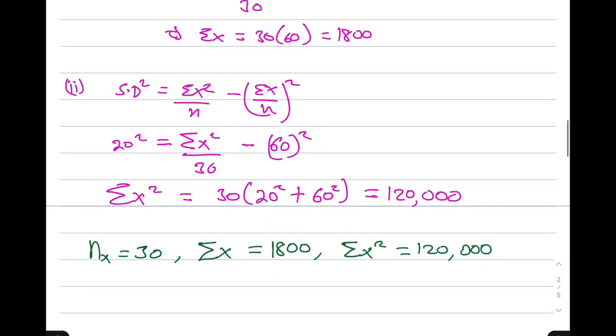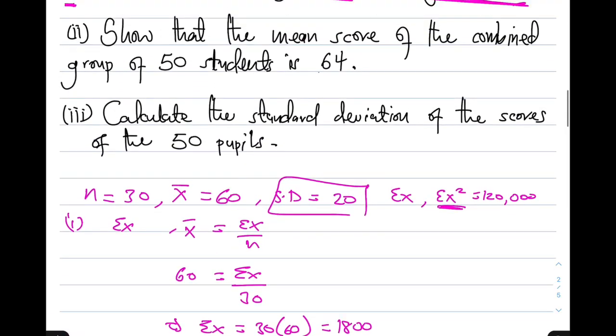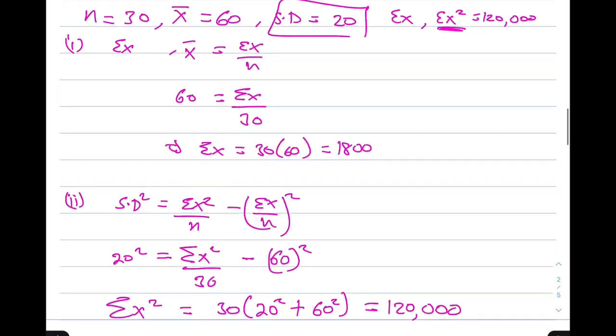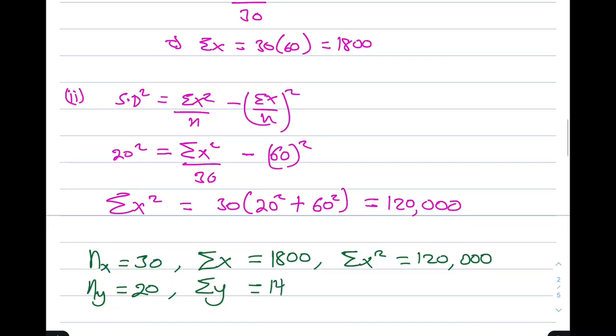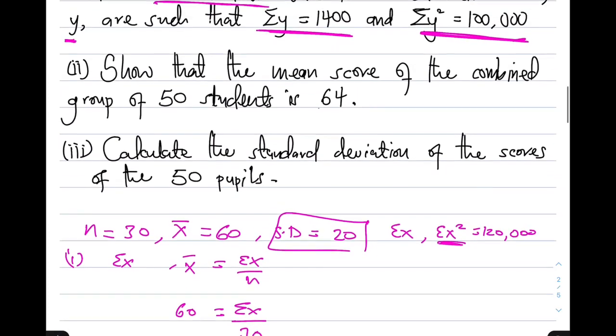Okay, now from the new question, the next 20 students are called y. And then the sum of y was given as, let's check that one out, 1,400. And then the sum of y squared was given as 100,000. Okay, now what is the question asking us to do?